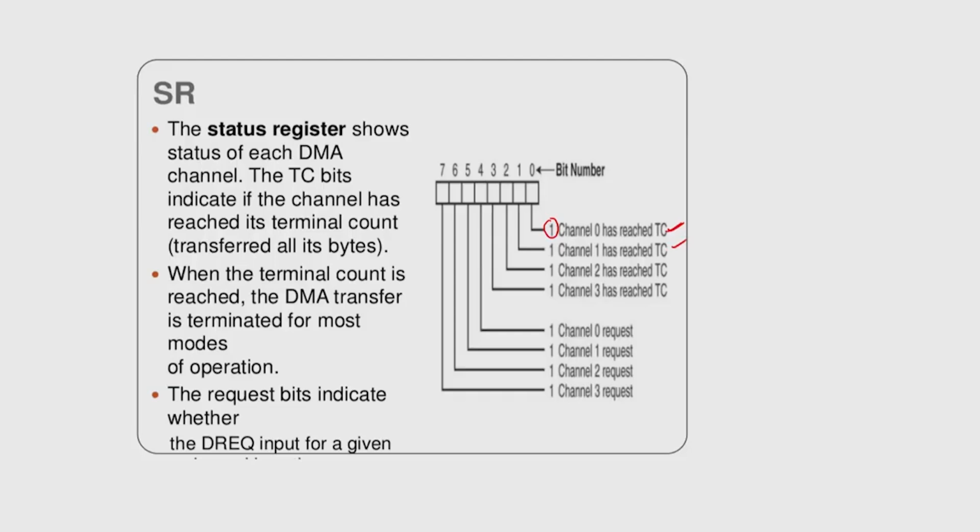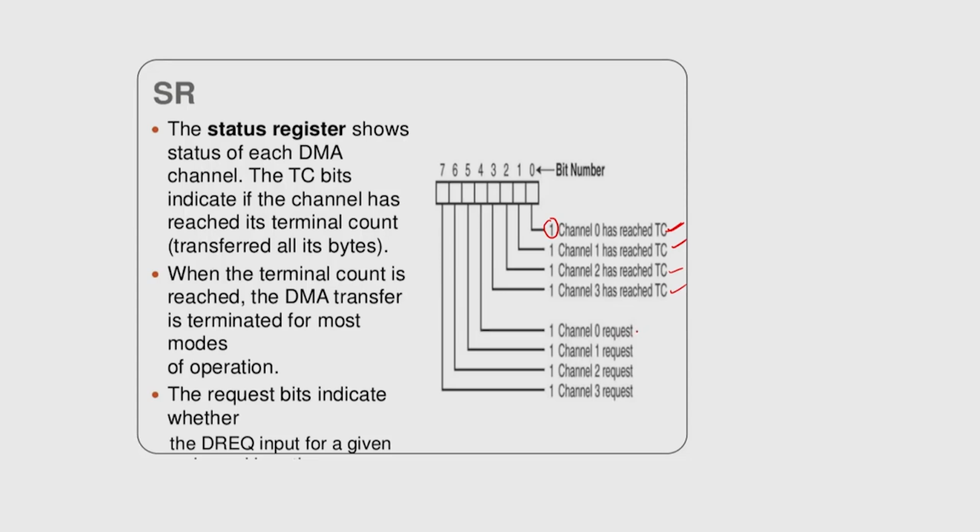If this is 1, it implies that the terminal count has been reached, so the DMA controller can relinquish the control of the address bus, data bus and control bus, the three buses, to the microprocessor. Similarly, this is for channel 1 terminal count, channel 2 terminal count, channel 3 terminal count. Which channel has been requested?